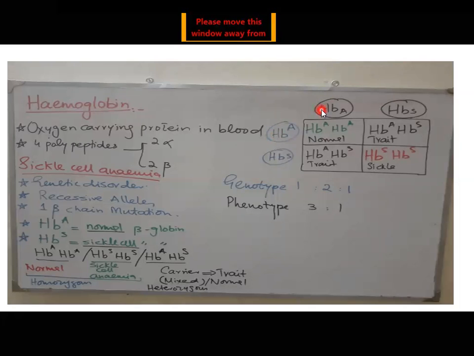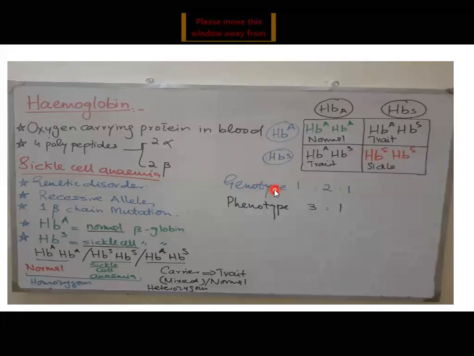So HbA and HbA will make HbA normal. HbA, HbS, this one is a trait or carrier. HbS, HbA, trait. HbS, HbS, sickle. So it means one is normal, two are carriers, and one is a sickle cell anemic person.